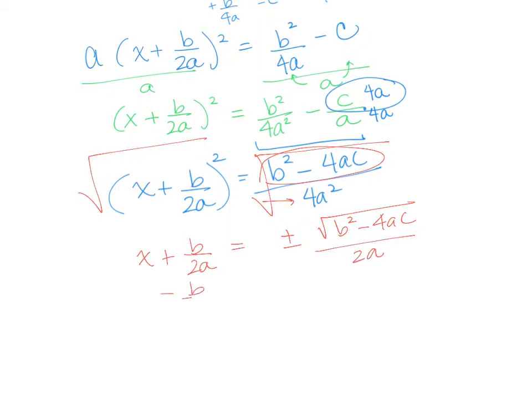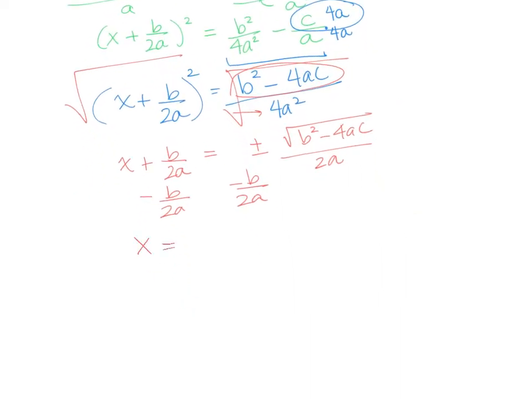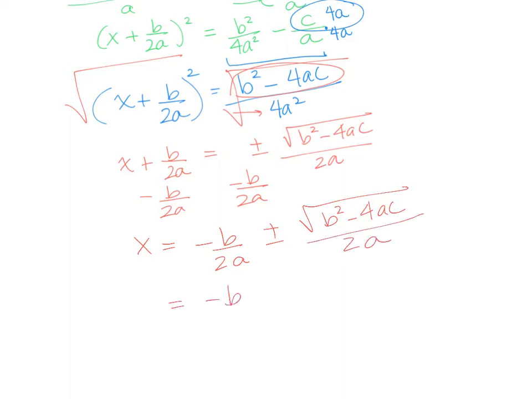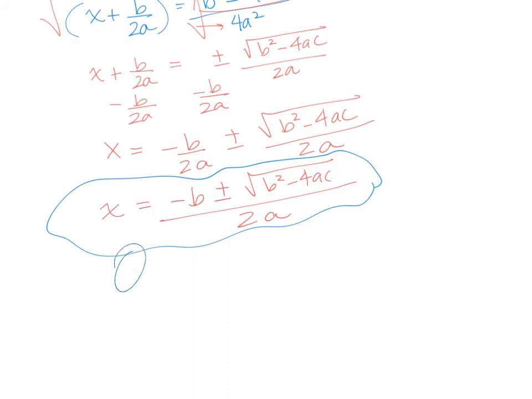So then we subtract b over 2a from both sides, and we end up having x equal to negative b over 2a plus or minus the square root of b squared minus 4ac all over 2a, which will be negative b plus or minus the square root of b squared minus 4ac all over 2a. We just solve for x, and this is the quadratic formula.